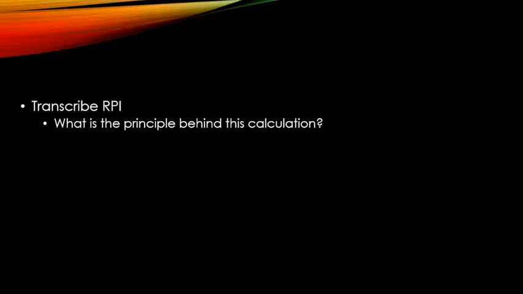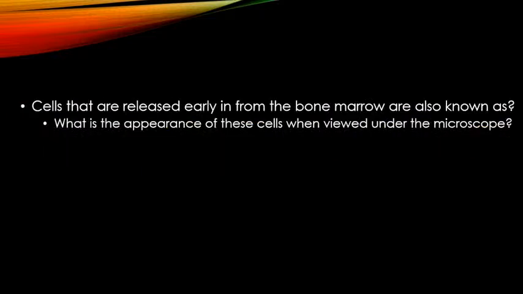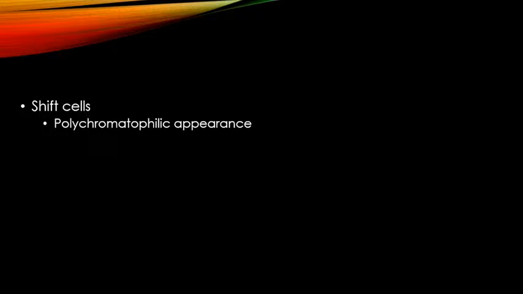Then you might have a paraphrased version of this one. So it measures the number of shift cells, or it measures the number of polychromatophilic nucleated RBCs, or it measures the production index of reticulocytes that would normally stay in the bone marrow for 3 to 4 days, but they are forced to go out of the bone marrow within the day. Something like that. Okay? So usually they will ask that kind of question.